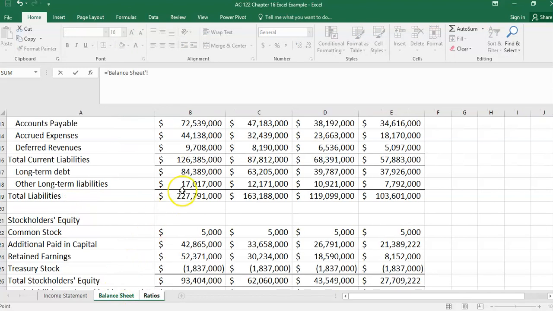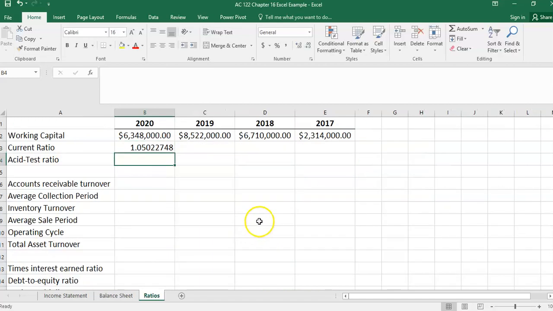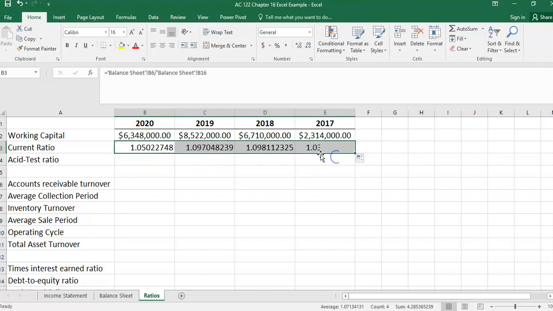So we take current assets divided by total current liabilities. A company wants this number to be greater than 1. So we can see across all 4 years we're greater than 1. So this company has the ability to pay all of their current liabilities with their current assets. Their current assets are greater than their current liabilities.